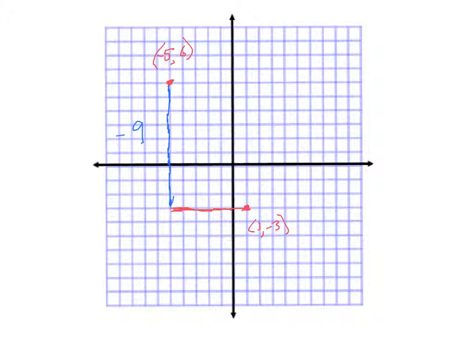So our slope here, we would write as negative 9 over positive 6, which would simplify, if you think about it, because they can both be divided by 3. This would simplify to negative 3 over 2.